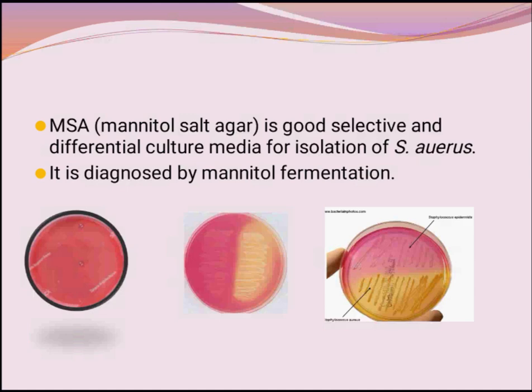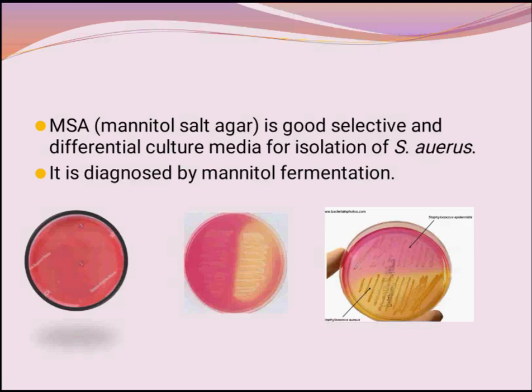At the same time, mannitol salt agar is a differential culture medium, which means that it can differentiate between Staphylococcus aureus and Staphylococcus epidermidis. Staphylococcus aureus is a mannitol fermenter. When there is fermentation of mannitol in this culture medium, the microorganism will produce acid.